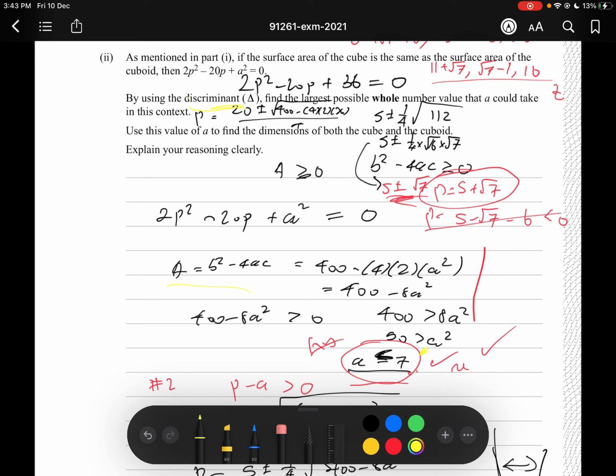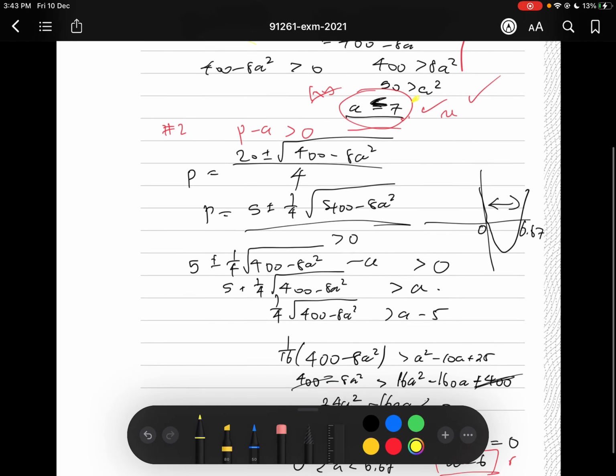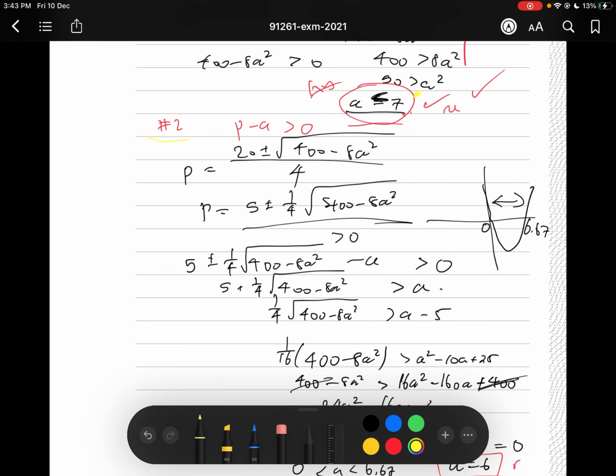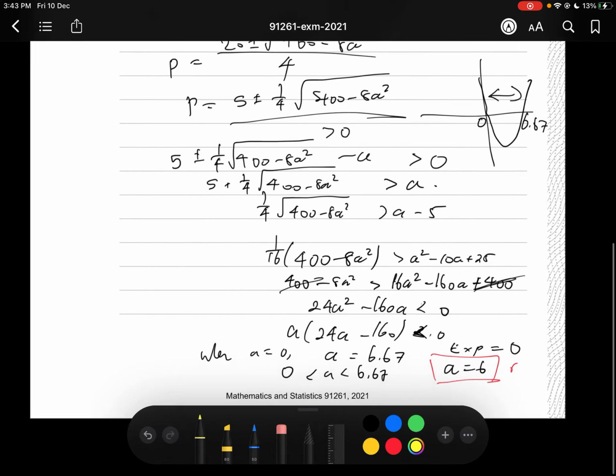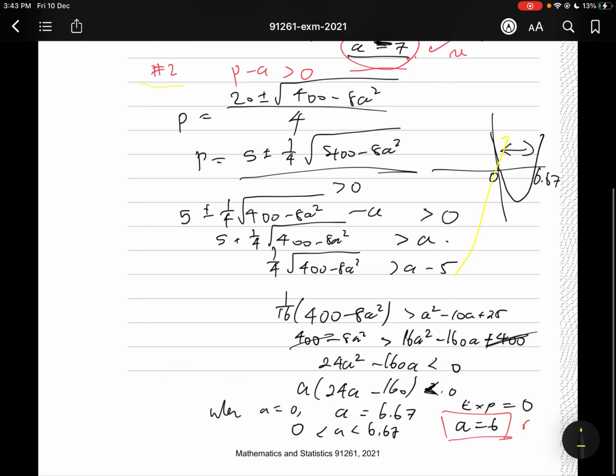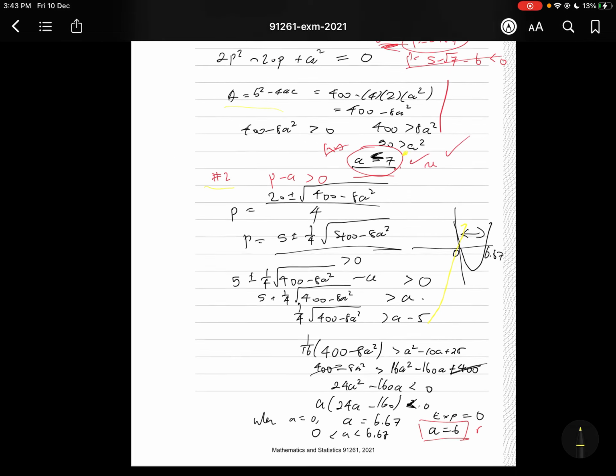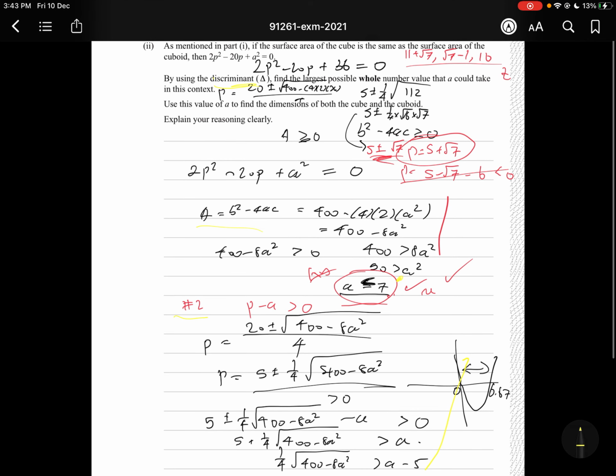However, in reality, you have to use the quadratic formula as a whole. That's what we did in number 2. We used the quadratic formula as a whole, and by using it, we found the second condition, which was a is between 6.67 and 0, and that gave us a equals 6, not 7. I didn't really like this last question.